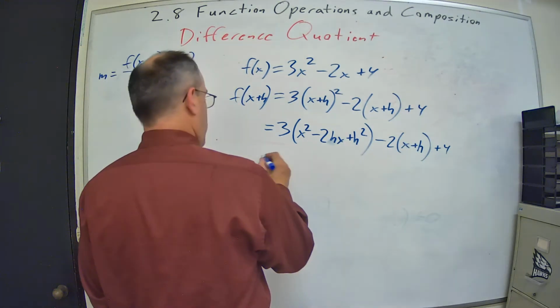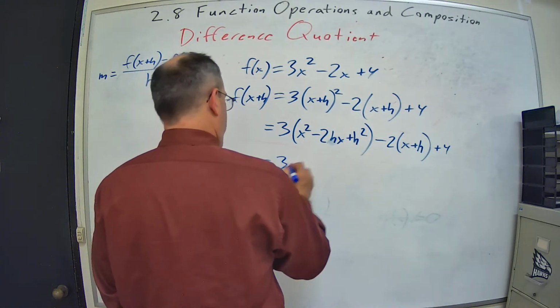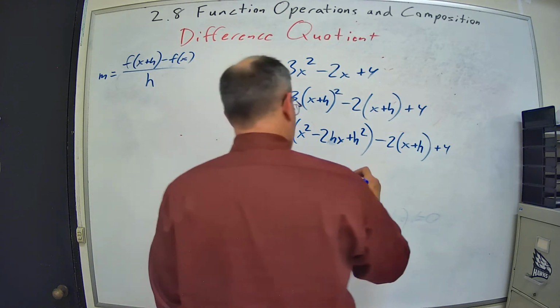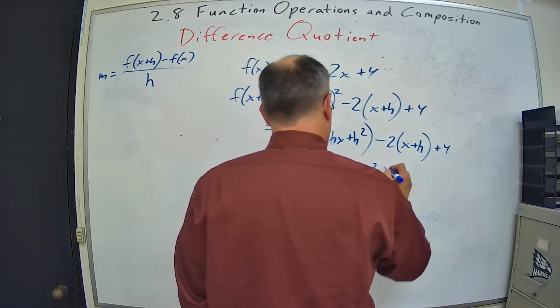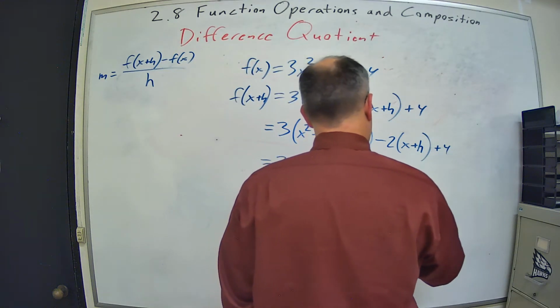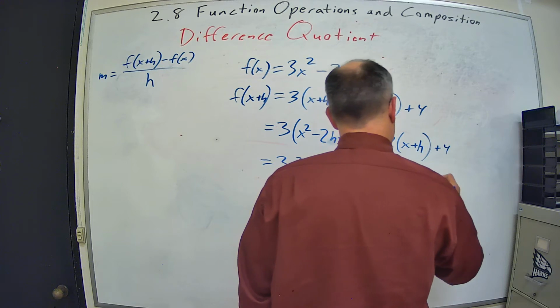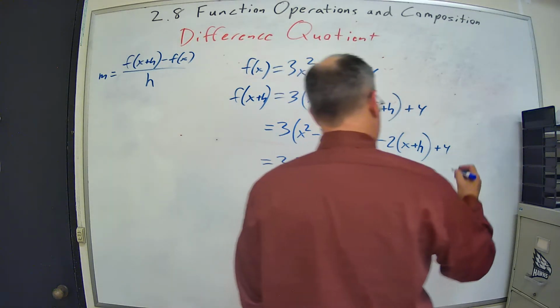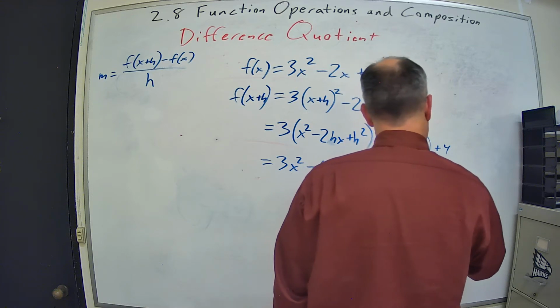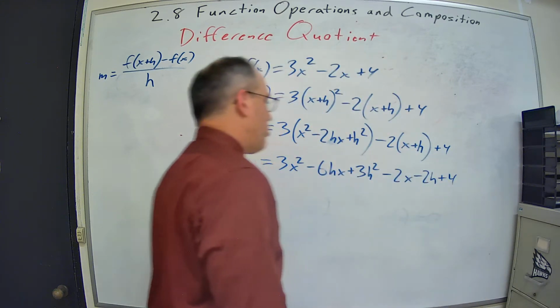Distribute through: that is equal to 3x squared plus 6hx plus 3h squared minus 2x minus 2h plus 4.